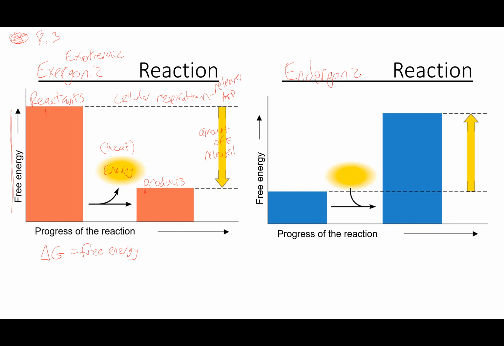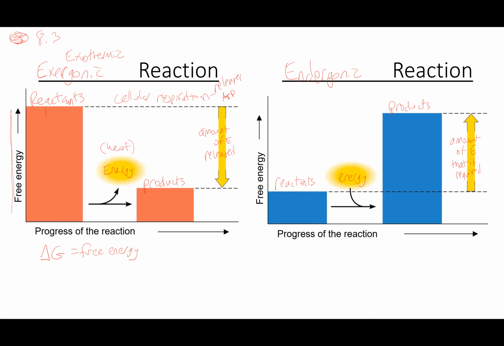The opposite of this is an endergonic reaction. In this case, our reactants have less energy than the products. So this requires some input of energy into the reaction. This arrow, the difference between the reactants and the products, shows us the amount of energy that is required for the reaction to happen.